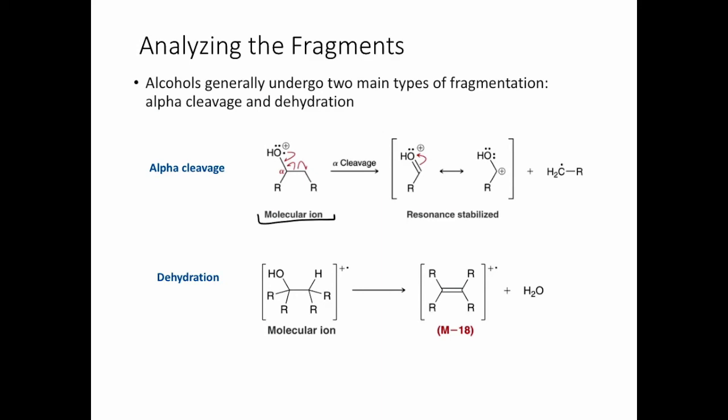So there's an order of ease in which electrons are removed. The easiest place to take an electron from is a lone pair, followed by a pi bond, followed by a sigma bond. So in this case with an alcohol, we've removed an electron from a lone pair on the oxygen, which is why there's this third electron here, and we don't have two full lone pairs.